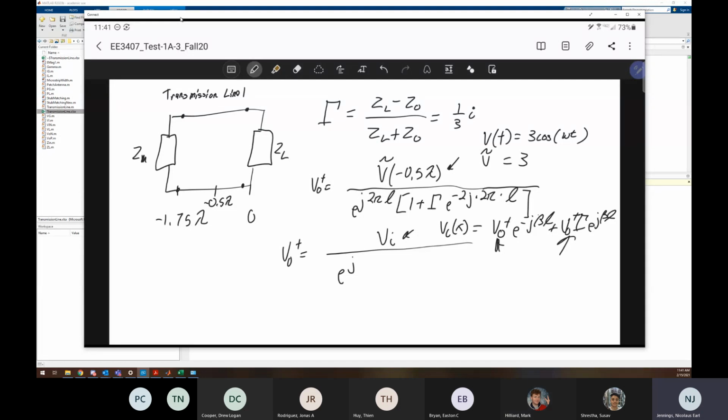Okay. This equation right here is very fundamental. You can see it pop up in many places, many equations.